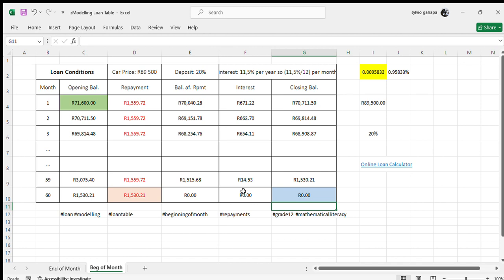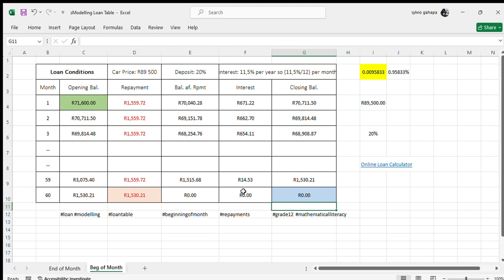So that's basically what a loan table looks like when we decide to have a repayment at the beginning of the month. The takeaway here is that you need to know how to work out your opening balance. That's a must, right?